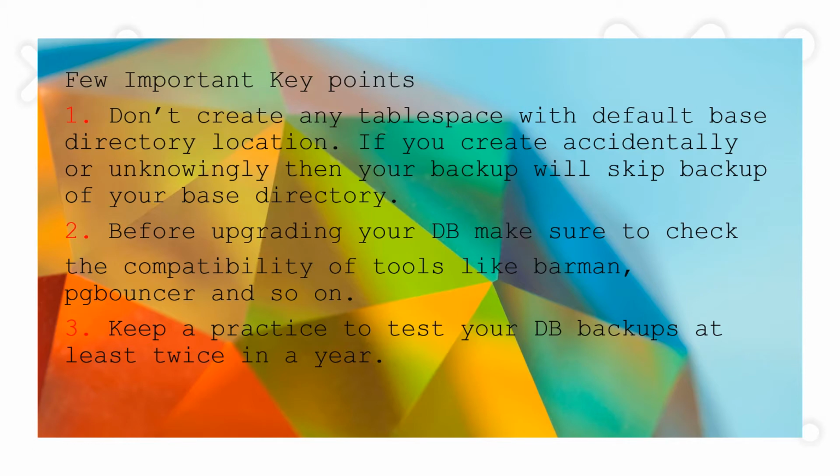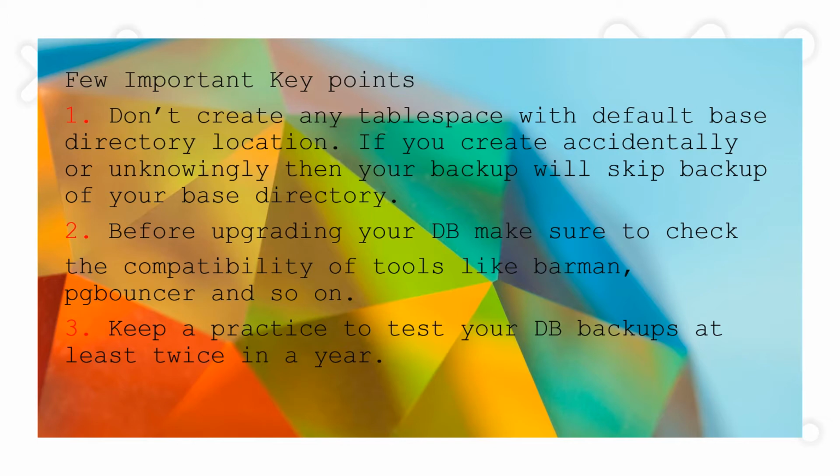And the second point is, as and when you are upgrading the database from lower versions to higher versions, like from 9.5, 9.6 to 12, whatever the latest version, be careful and check the compatibility of the tools you are using in your environment, for example Barman, PgBouncer, and so on.